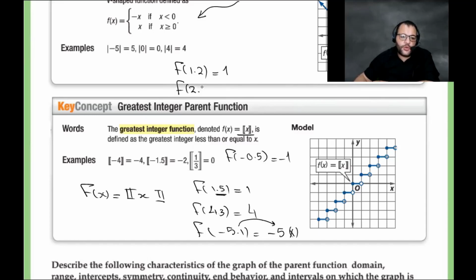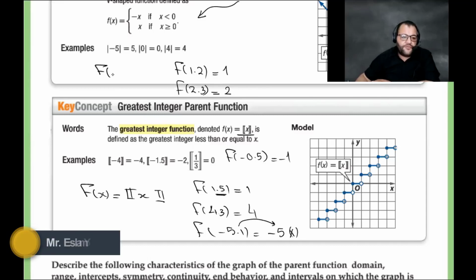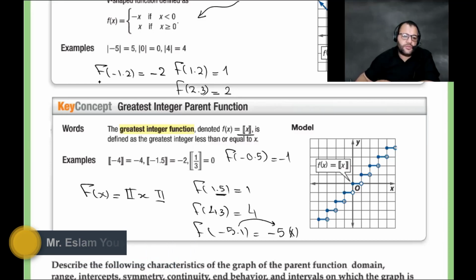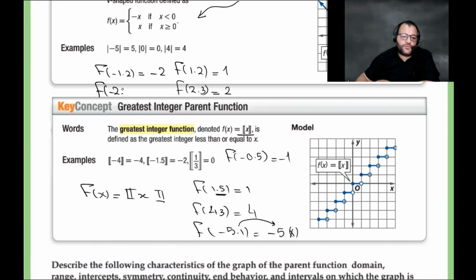F of 2.3, the answer is 2. I need the greatest integer number which is smaller than or equal to 2.3. But when I say f of negative 1.2, the answer is negative 2. F of negative 2.3, the answer is negative 3. You understand it?